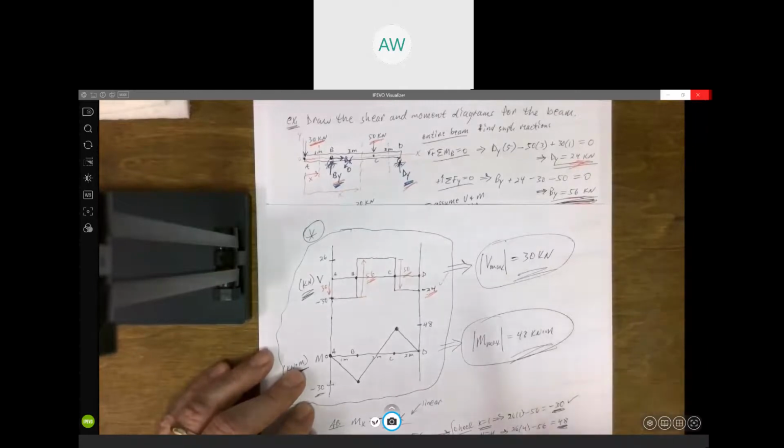If you're at minus 30 and you go up 56, you have to do a little math. But we don't need those equations that we found to draw that shear diagram. All right? Any questions about what a concentrated force does to our shear diagram?